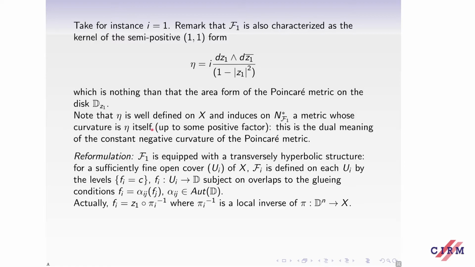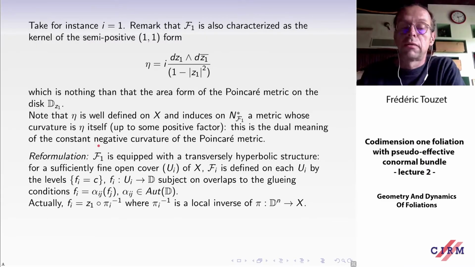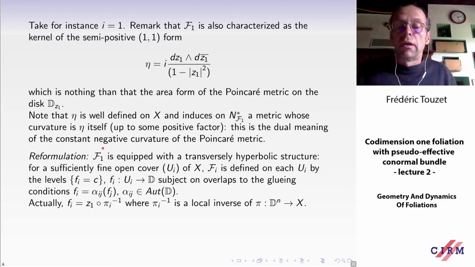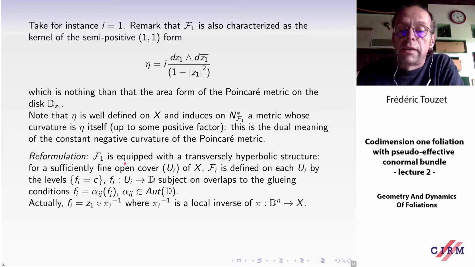So we are left with transversely hyperbolic foliations. It's simply a reformulation of the existence of such a metric, and this can be reformulated as follows. F1 is equipped with a transversely hyperbolic structure.